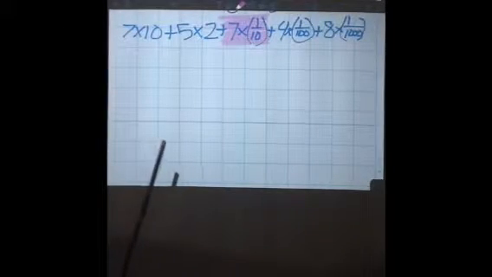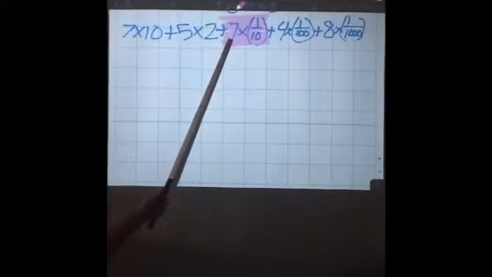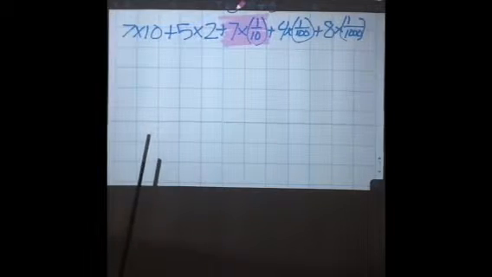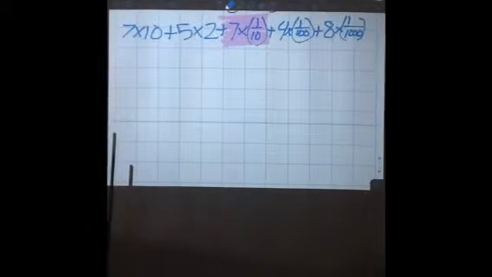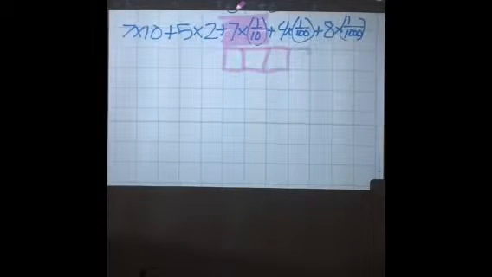Remember from last time, what does the 7 stand for? 7 stands for 7 copies. So we have, let me do that with something a little bit better, 1, 2, 3, 4, 5, 6, 7. And what do I put on each copy? 1/10.